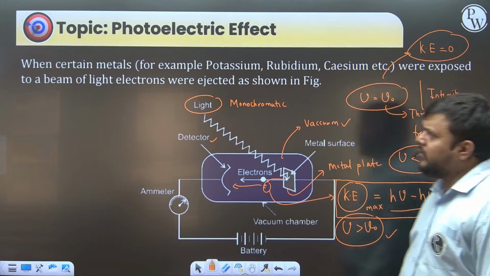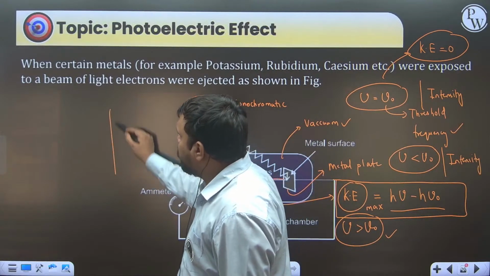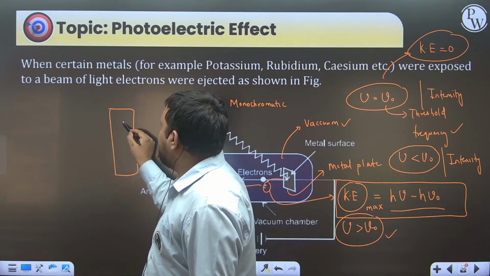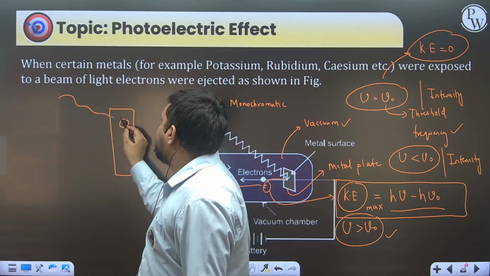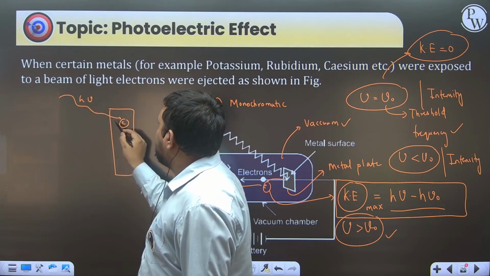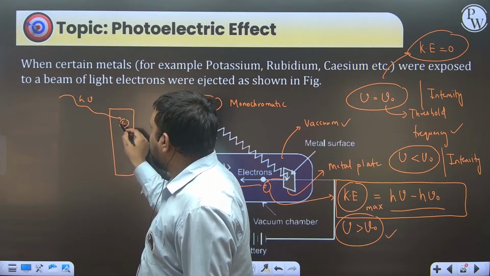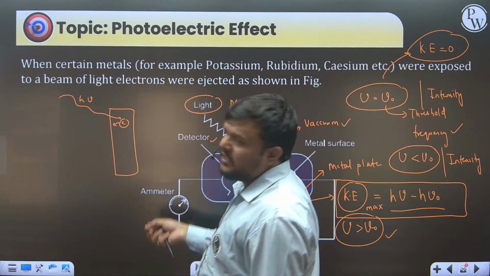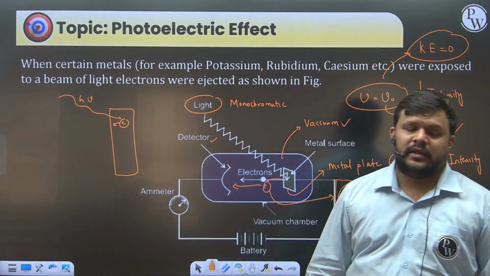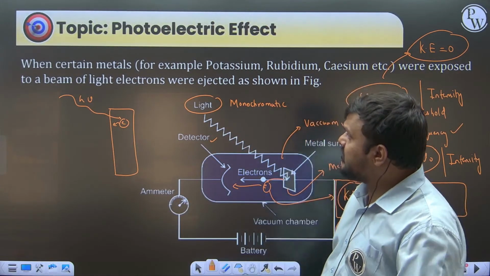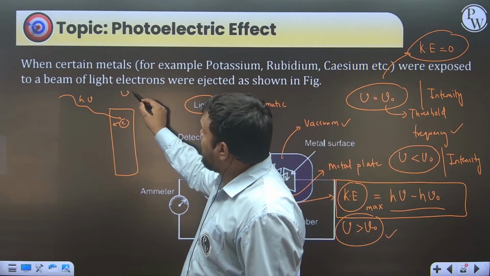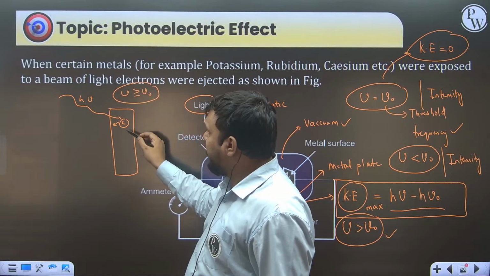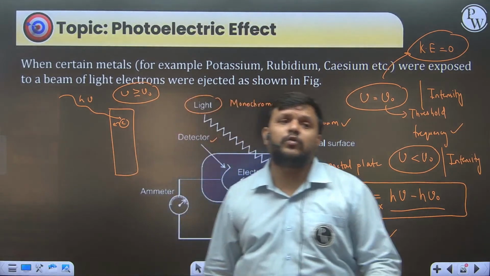One more interesting thing I want to tell you: suppose this is a metal plate, and here is the electron and a photon gets incident over here. What can happen? While coming out, there might be so many collisions that in some cases, even if this frequency is more than or equal to the threshold frequency, the electron is unable to come out.